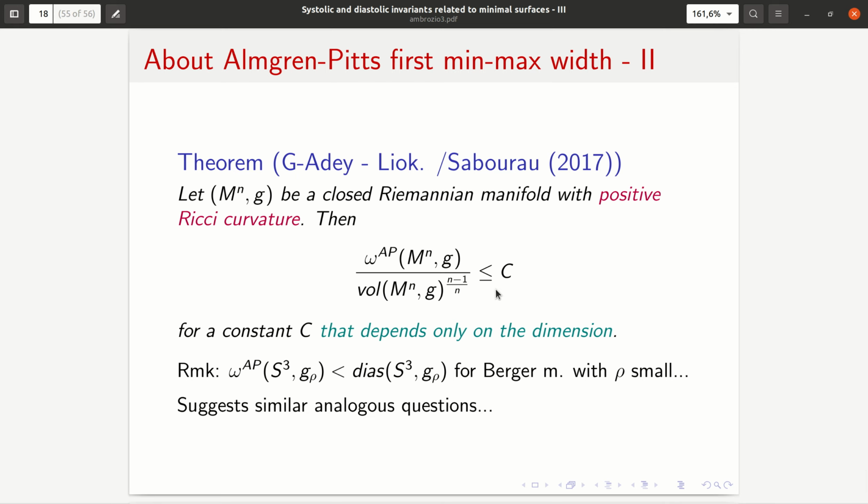And I think all that suggests similar questions. So what are the sharp upper bounds? What are the sharp constants? What are the metrics that realize the sharp constant, if there is one, etc.